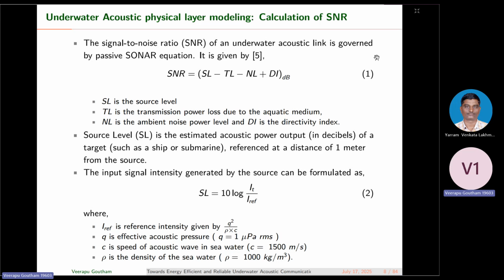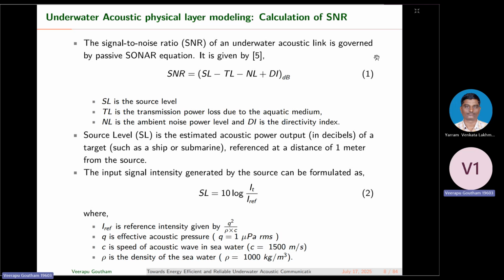How are we going to find this source level? The source level can be found by equation number 2. It is 10 log of the transmitted intensity divided by the reference intensity.